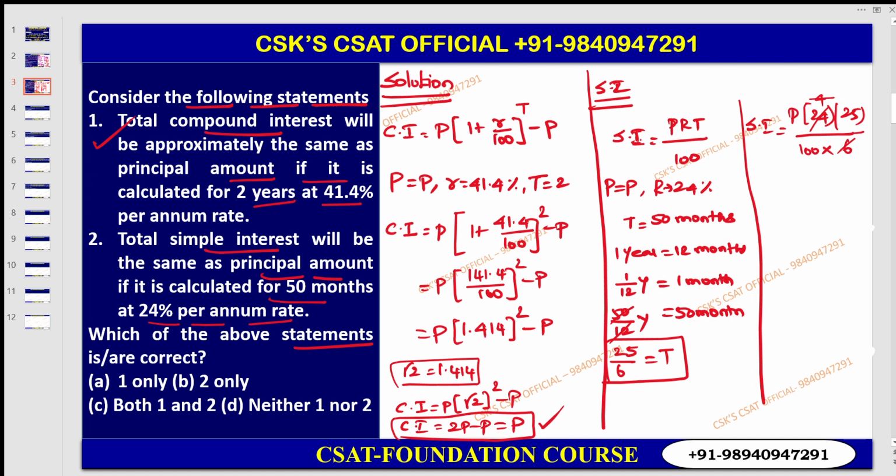Then 4 times 25 is 100, getting cancelled. Simple interest is also the same as the principal, so this statement is also correct. Both the statements here are correct. Like that, UPSC will project questions based on statements also. Develop the fundamentals, be strong in the fundamentals.